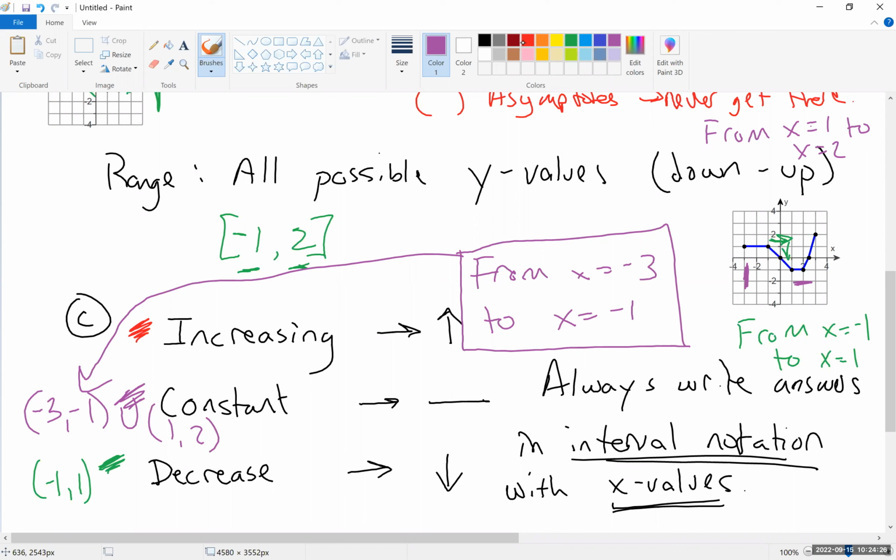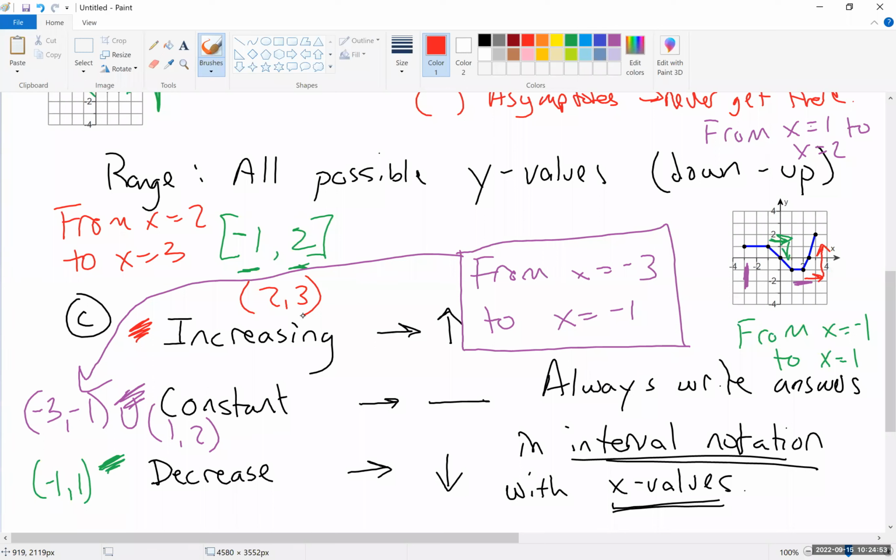Because as we go to the right of 2, the y value is getting bigger. So then we would say from x equals 2 to x equals 3, it's increasing. So for increasing, we would put 2 to 3. All right, let's pause here.